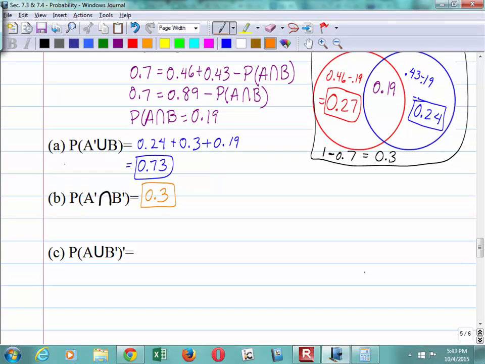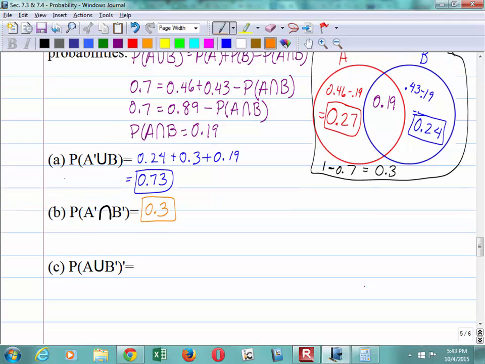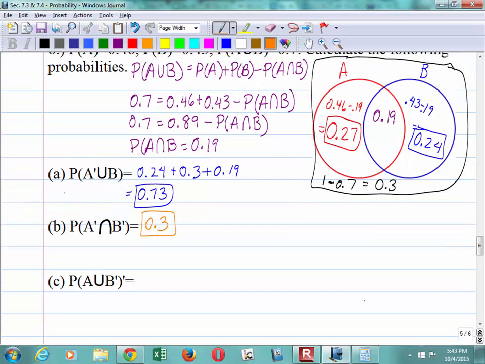And then the probability of A union B prime. We could rewrite that as 1 minus the probability of A prime intersection B. So that would be 1 minus everything that's in A, 0.27 plus 0.19, union with B prime.